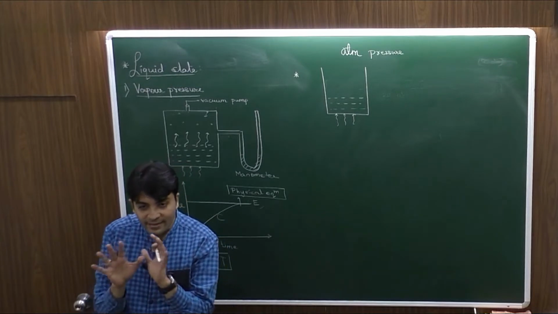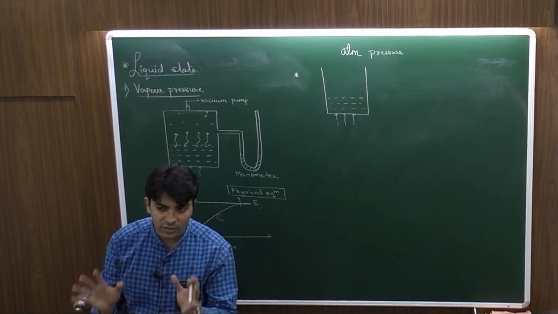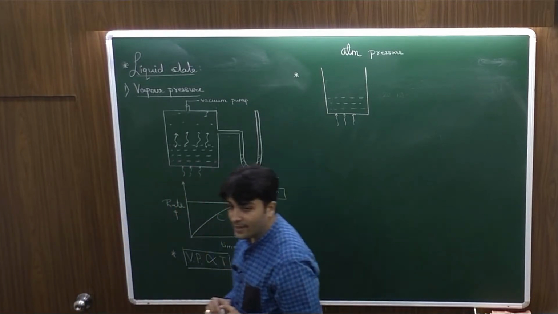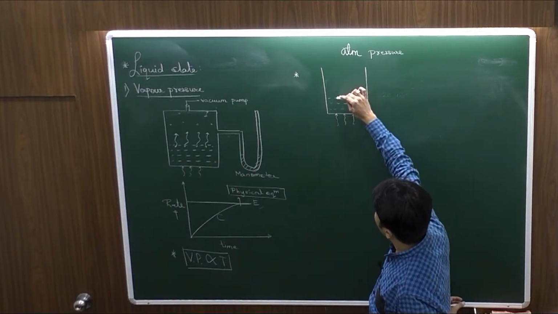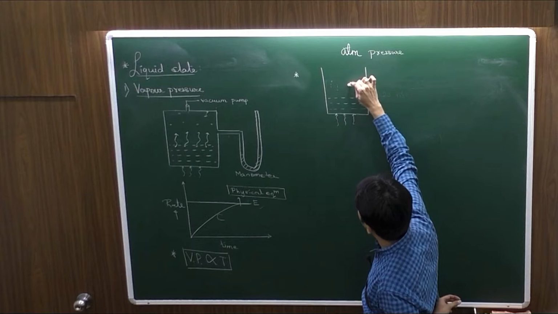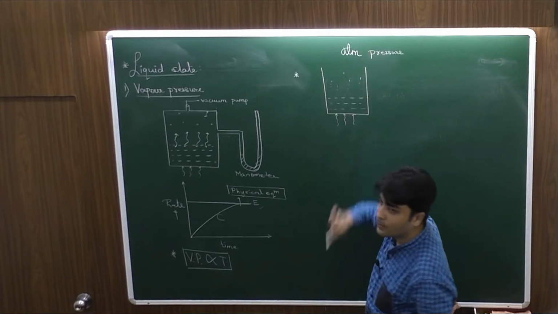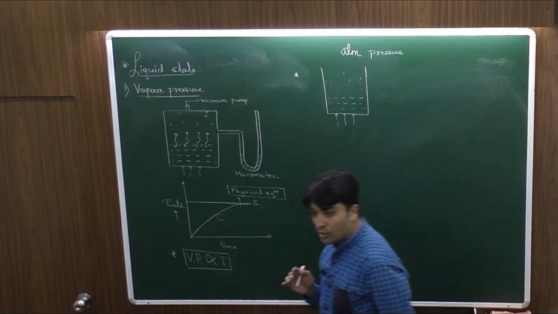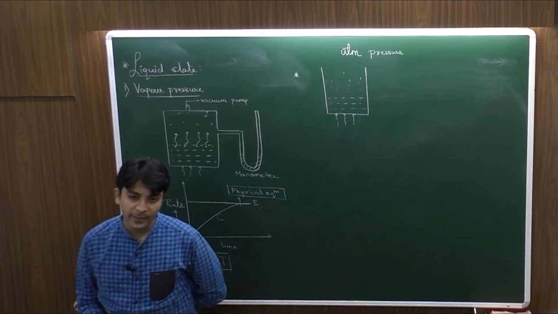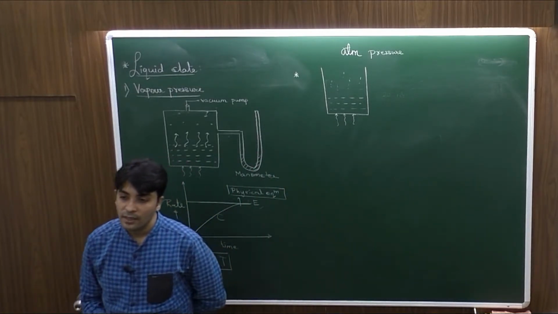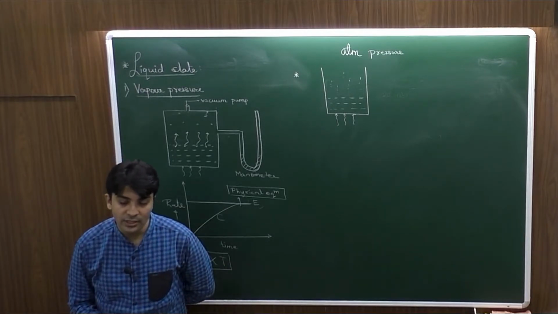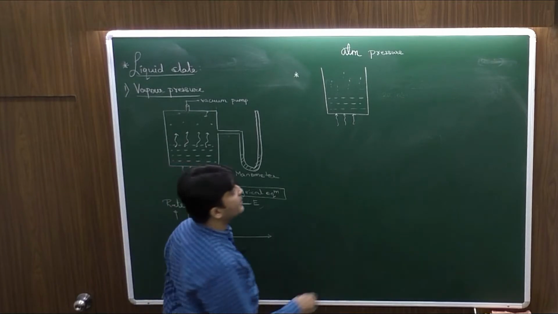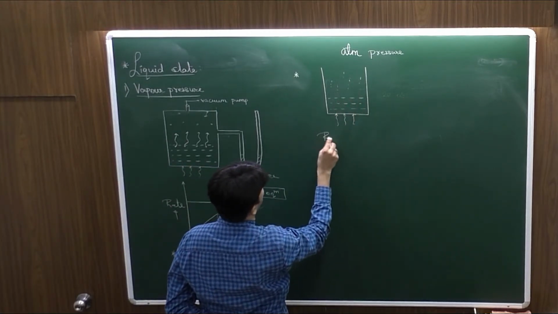So again, there is going to be a point of equilibrium which will be reached at some point of time. And at that point of time, it may happen that the pressure created due to the vapors and the atmospheric pressure becomes equal. So the point at which the vapor pressure becomes equal to the atmospheric pressure, now I can say the equilibrium is established, and at that time the molecules start boiling.